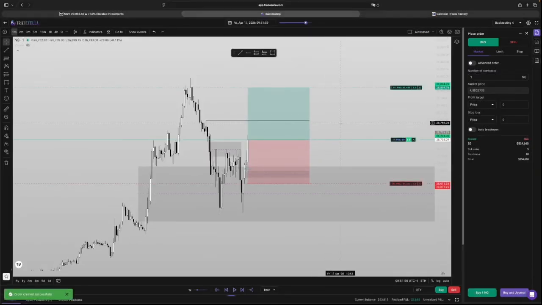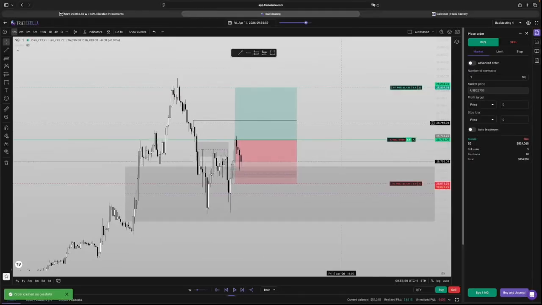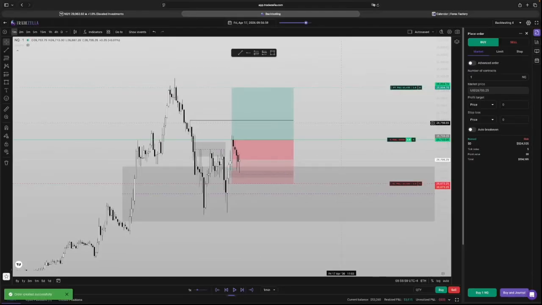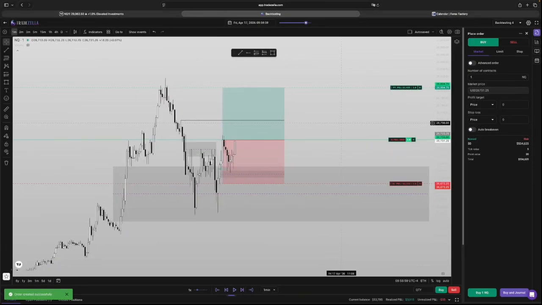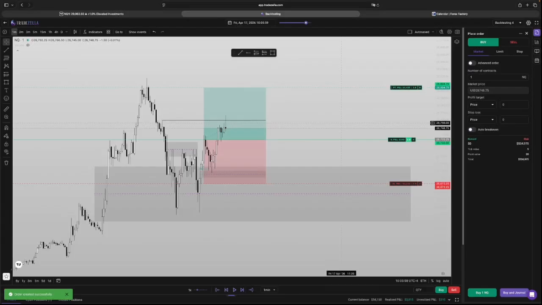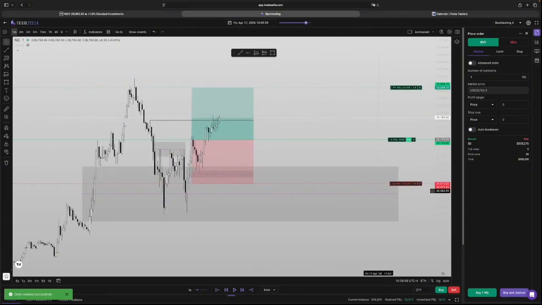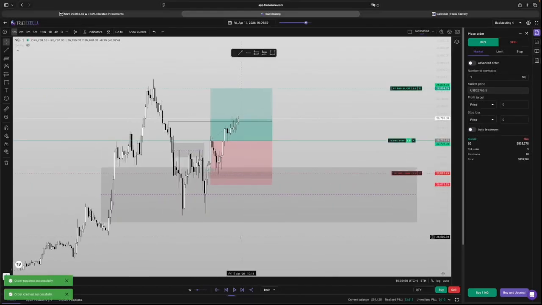Okay, let's see. Tapped into that for value gap. That's why you always have to keep it in account. That was messed up there. If we break over that up there, body over that, I move my stop to the low here.